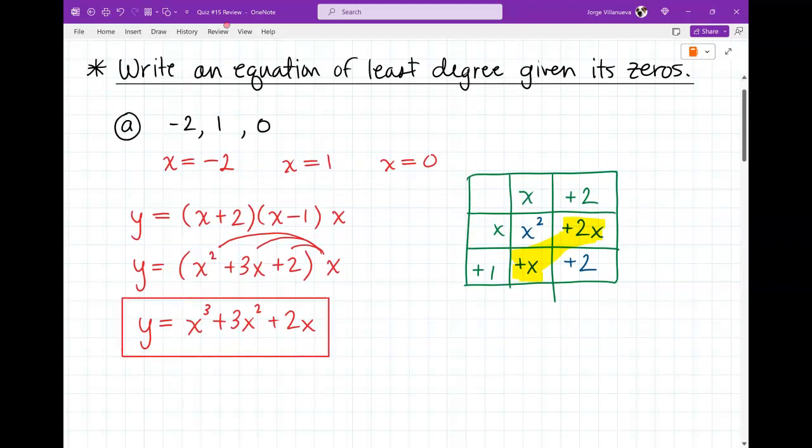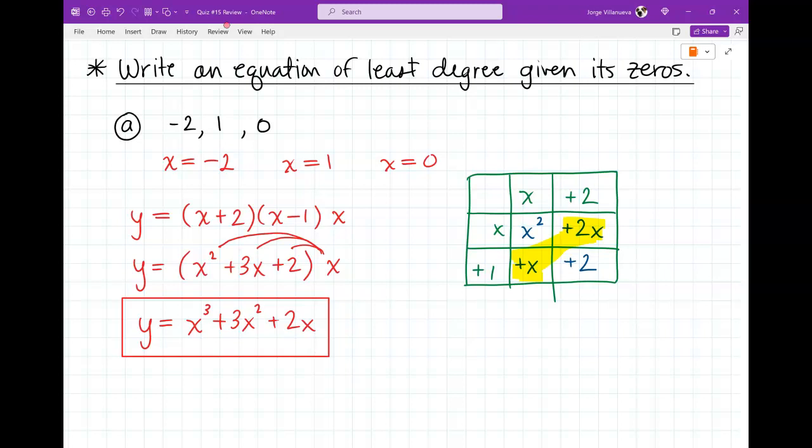So that's the equation that gives you the answers of negative 2, 1, and 0. Remember, if you don't like doing the box method, that's okay. Just do distribution, the way you're used to doing. I just figured let's do the box method. I always say if you do it, feel free. Let's do it a little bit today. Any questions on this one?